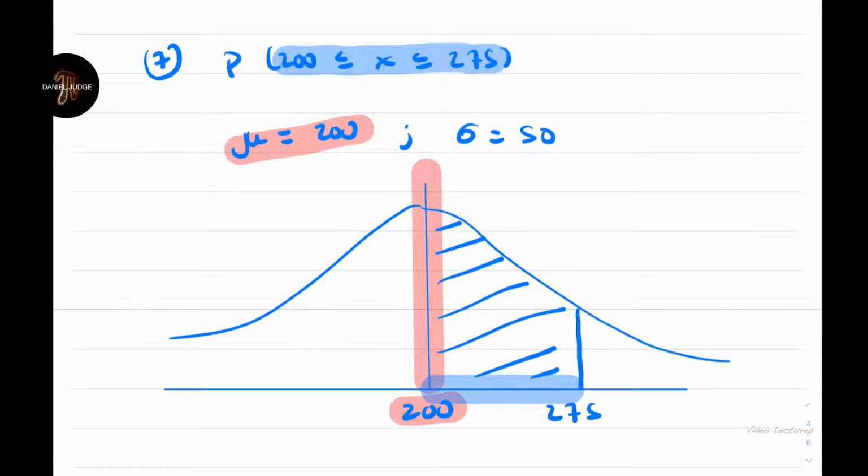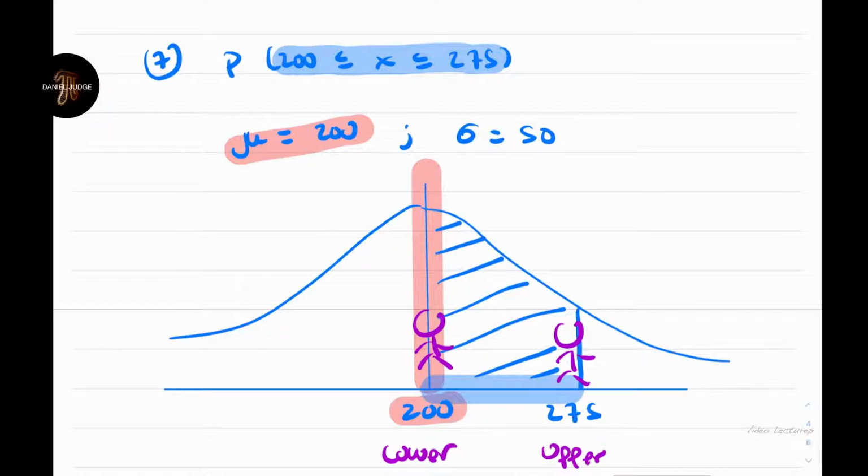Picture of the question. So remember, you have a lower value on the left, and then you have an upper value on the right. So you have a lower, you have an upper. Okay?